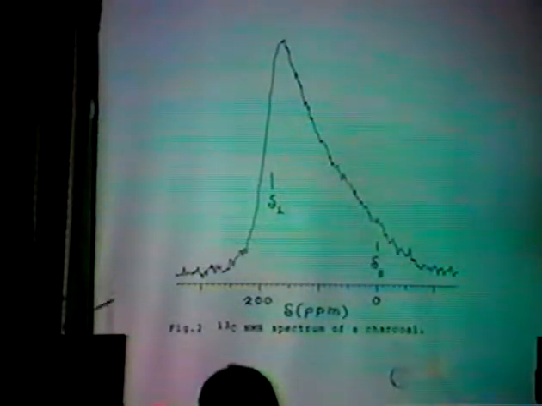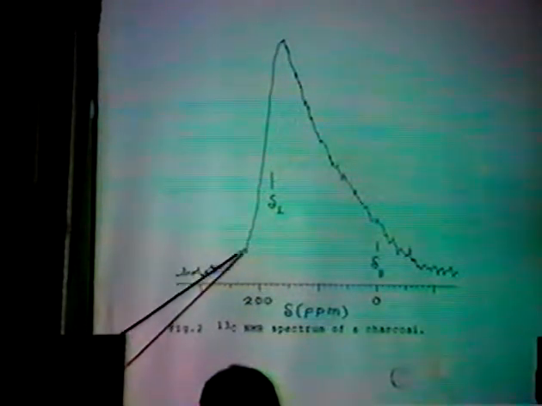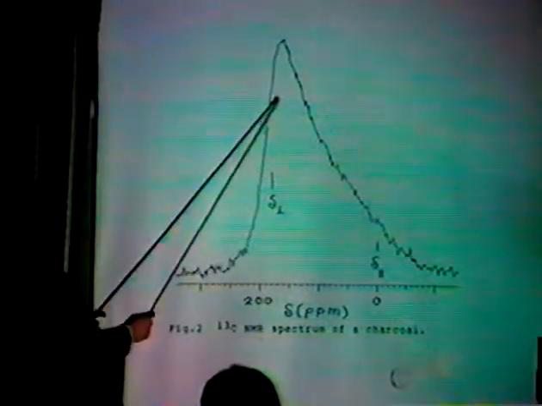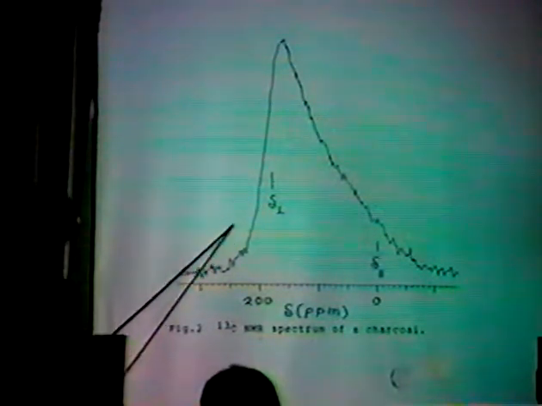You could do a magic angle spinning spectrum and narrow it somewhat, and we have done some of that. But I'm concerned with the shape of this powder isotropy pattern.